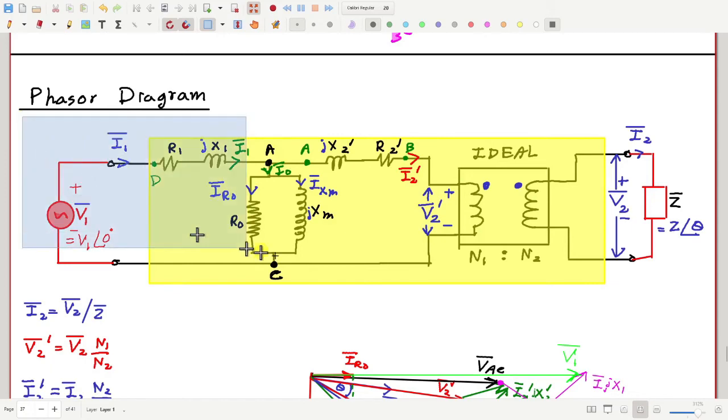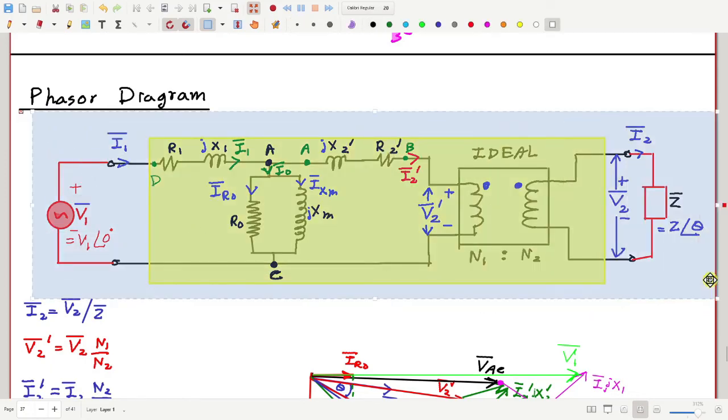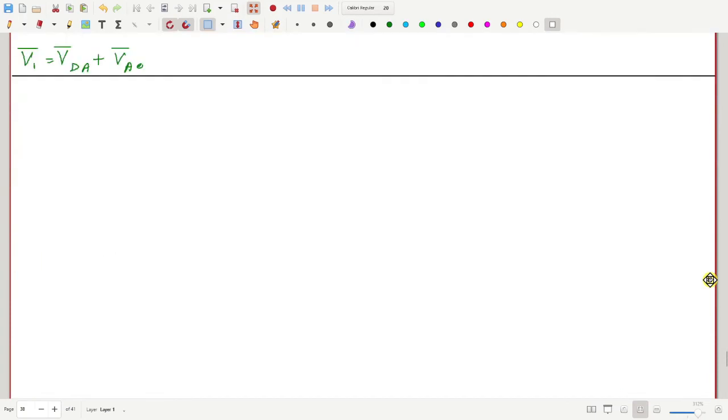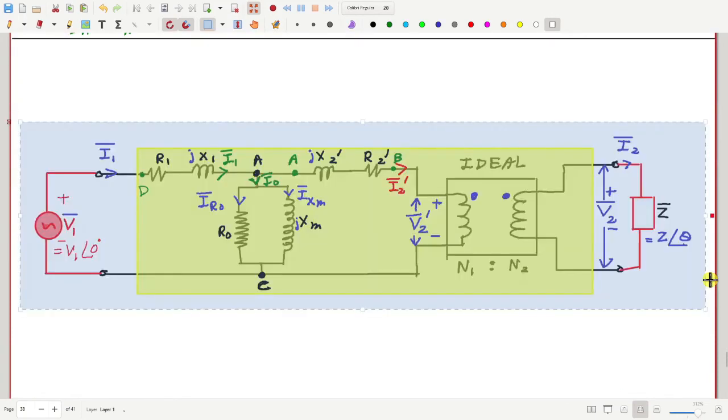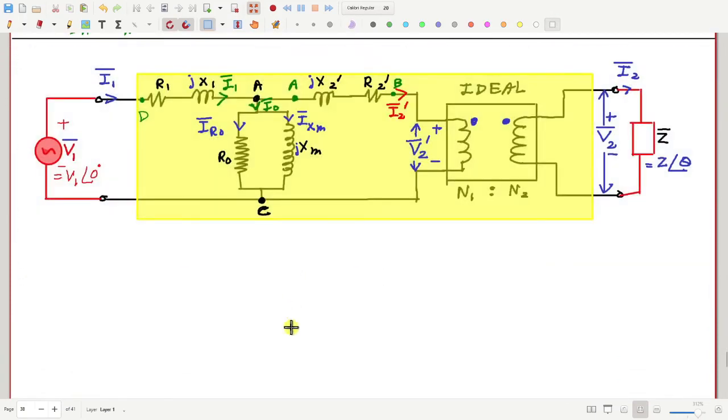Now what I will do, say I take this diagram, but say I draw this equivalent circuit in a different way.